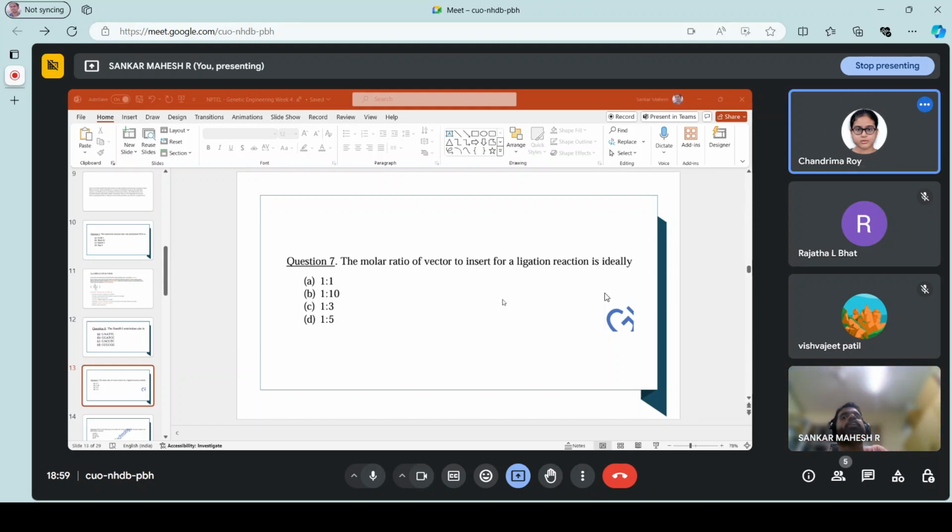Okay, fine. Now with respect to ligation, they've given us many options. So they say the ideal case. Now, what do you need to know about this? The first thing that you need to know is, do you guys know what molar ratio is? Does anyone here know what molar ratio is?